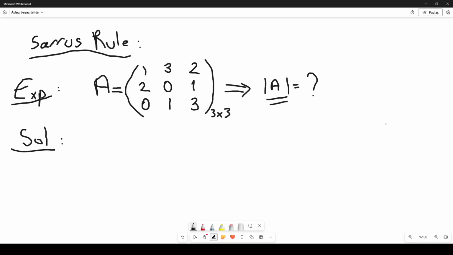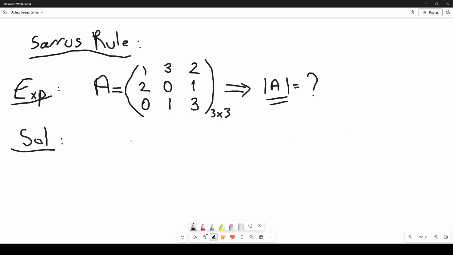This is another way of computing the determinant. And the Sarrus rule is a better, much easier and more convenient way to compute the determinant of a matrix in the case of a 3 by 3 matrix.